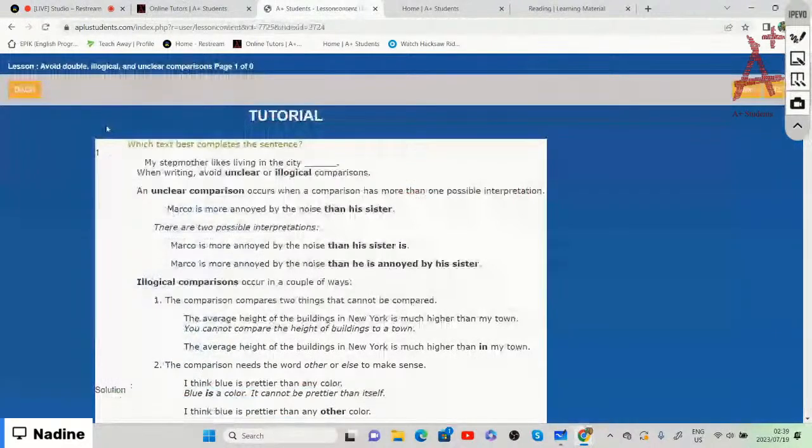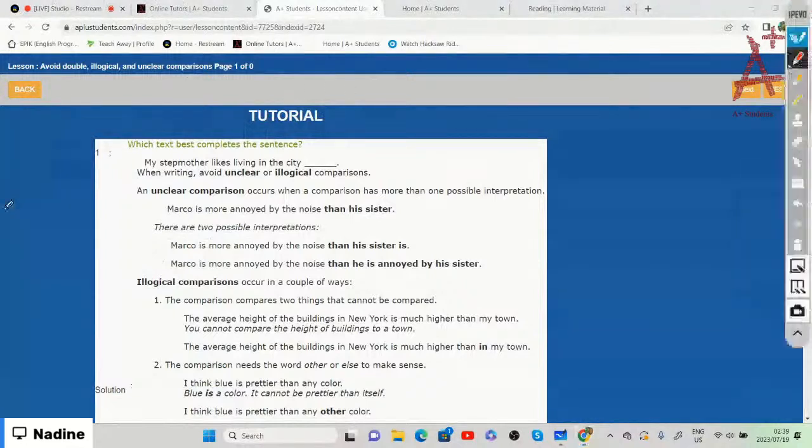Also, when writing concise paragraphs or sentences, we need to avoid double, illogical, and unclear comparisons. If you make comparisons between two or more people, it needs to be clear and logical.